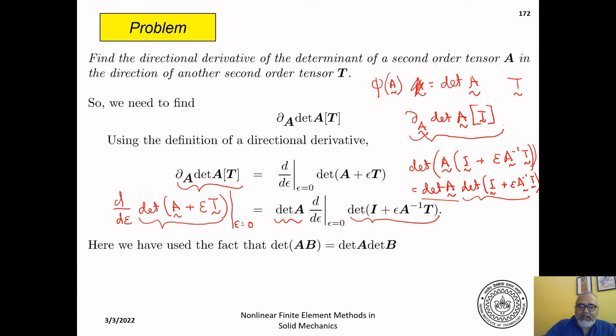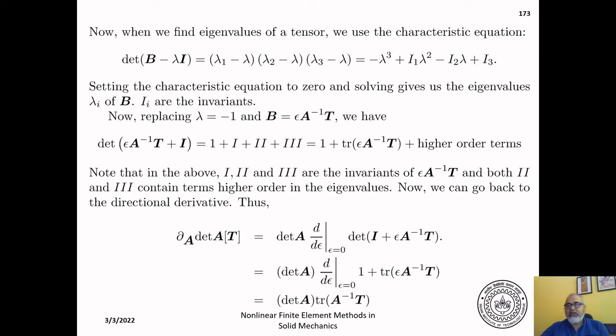There's no eigenvalue problem here, but we will use this result because we know that the characteristic equation of any second order tensor B is determinant of B minus lambda I, where lambdas are scalars, which will turn out to be eigenvalues if you set this equal to 0. But we are not interested in setting this equal to 0. We just need the form of this quantity.